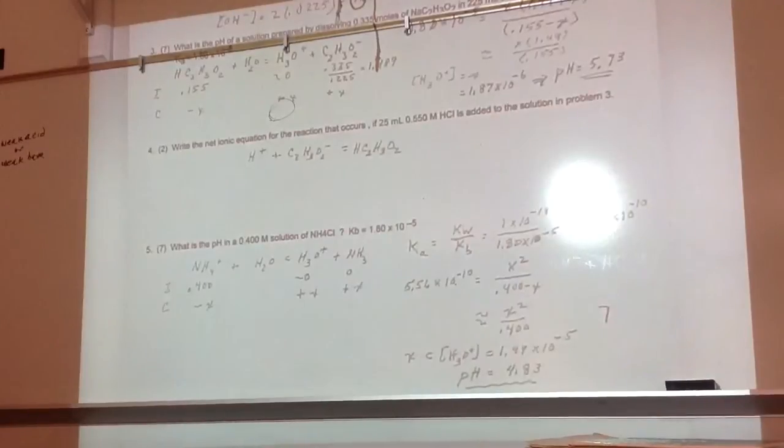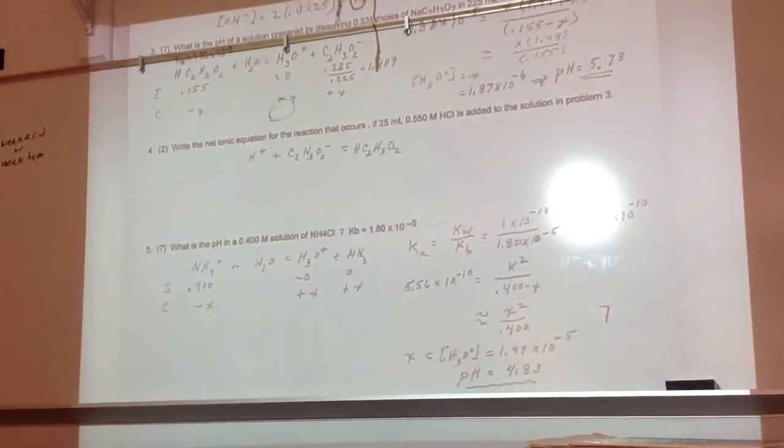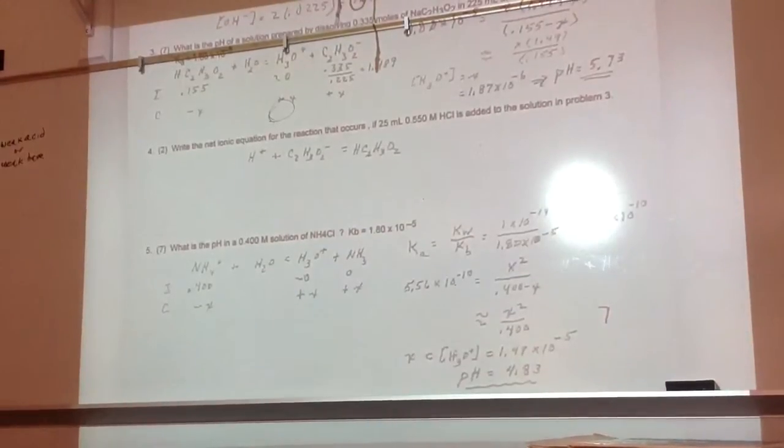Then the next type was that we got into a lecture: buffer. That's what I just had on that quiz. And there you had to take into account the common ion, which is either the conjugate acid or the conjugate base, whichever it is.